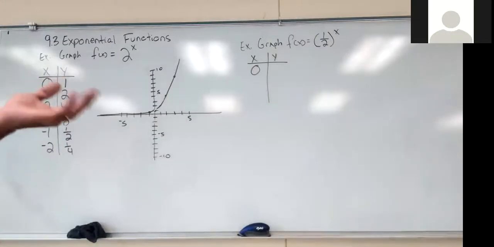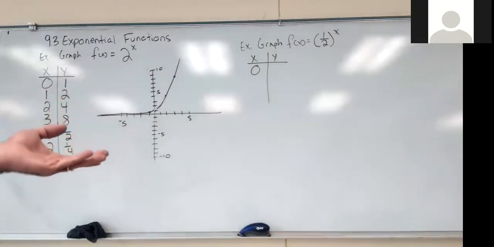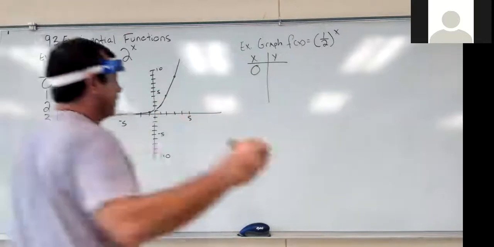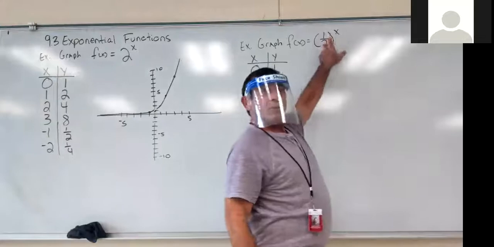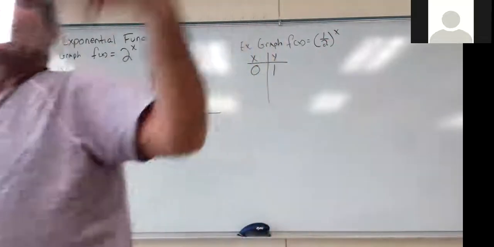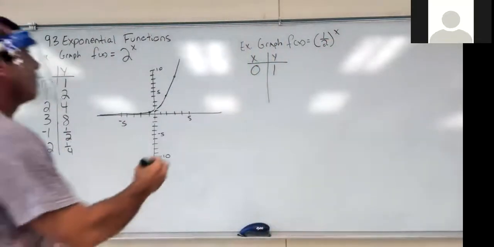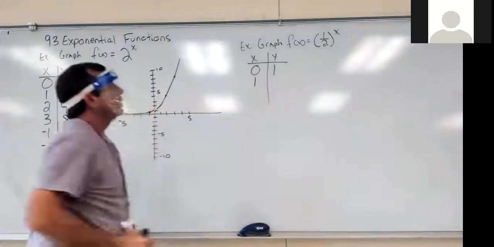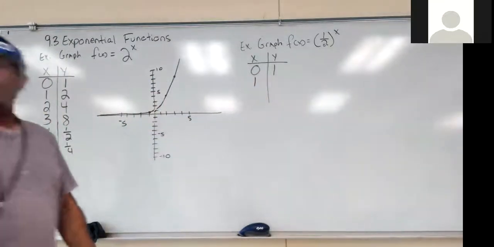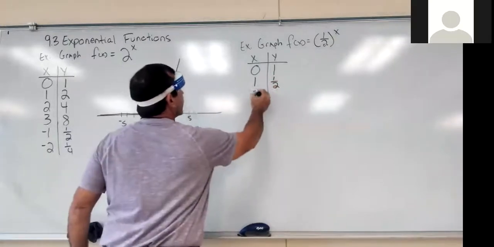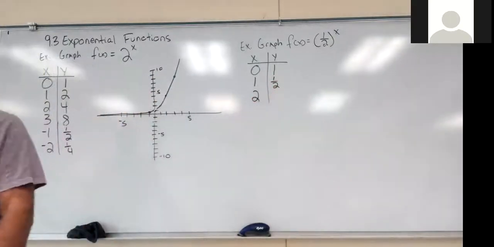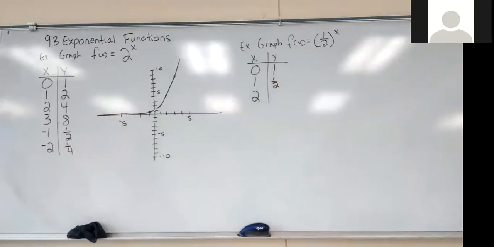So you know 1/2 to the 0 is 1, because the 0 would apply to both numbers, and it'd be basically a 1 divided by 1. Okay? So I'm going to use a 1 there, and 1/2 to the first power is a 1/2. Put a 2 there. So 1/2 to the second, you would square the top and the bottom. So 1/4.